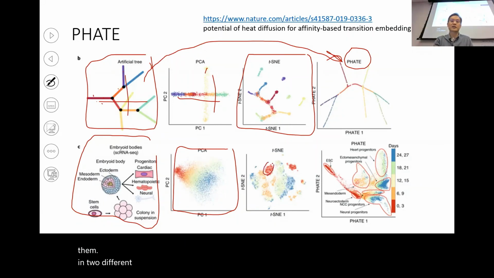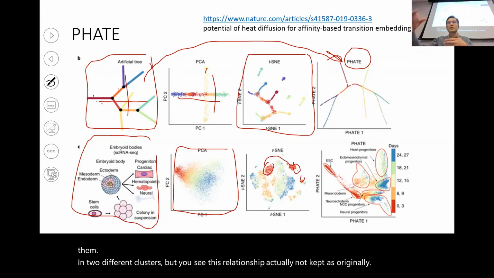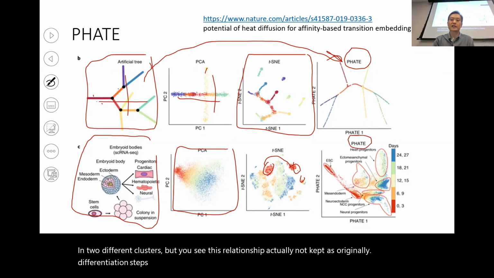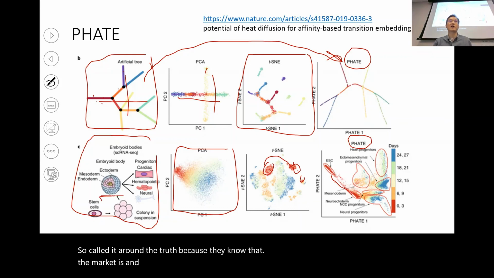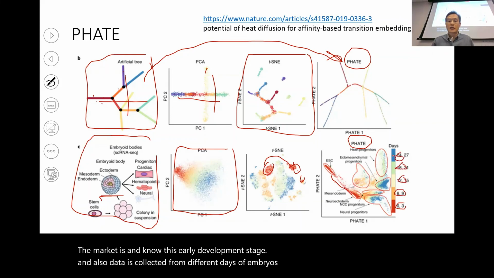But you see this relationship is actually not kept as the original differentiation steps, but the PHATE looks like it better reflects the so-called ground truth because they know the marker genes and know this early development stage. And also data is collected from different days of embryos. Okay.